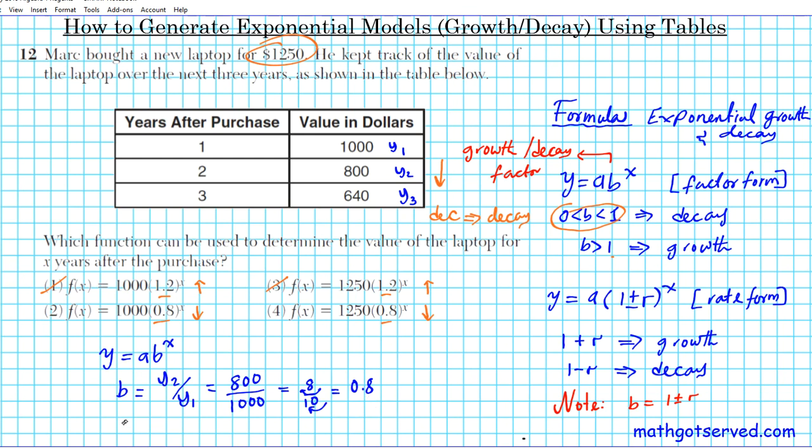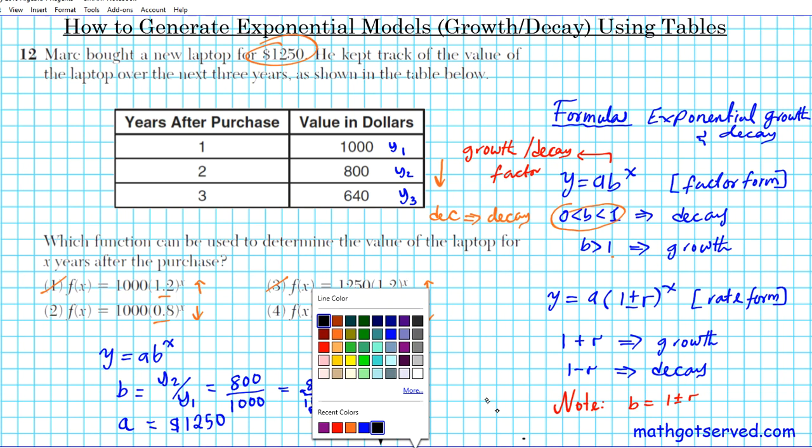So this is the decay factor. Now, a is the original amount. What is the original amount? The original amount, or original price, was 1,250. So we'll just take these two values and plug them into the factor form of exponential growth or decay models.